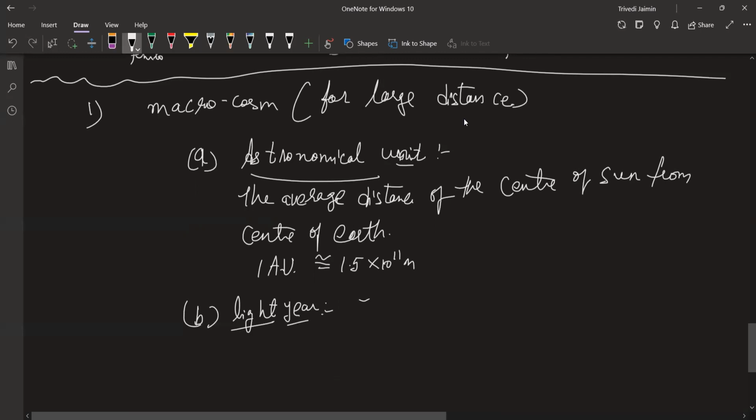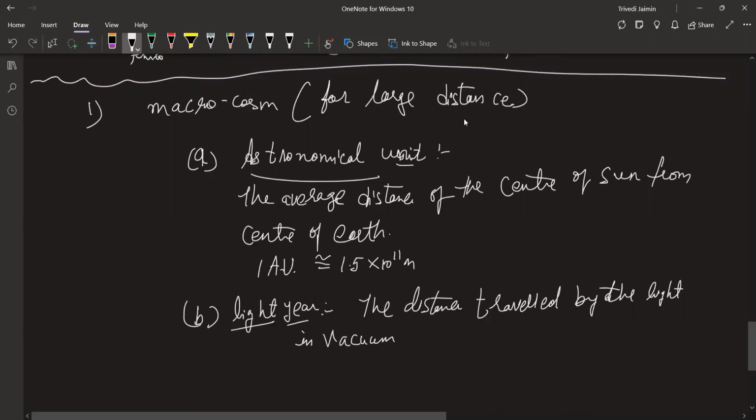The distance traveled by light in 1 year.